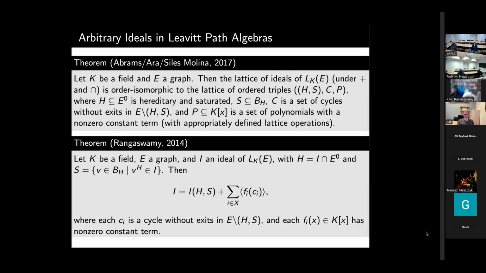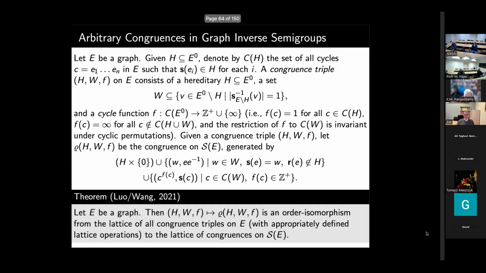Okay, so graph inverse semigroups. There is a vaguely similar result about graph inverse semigroups due to Luo and Wang from about 4 years ago. Here we're not going to be talking about ideals, we're going to be talking about congruences, and congruences of a semigroup also form a lattice under appropriate operations.